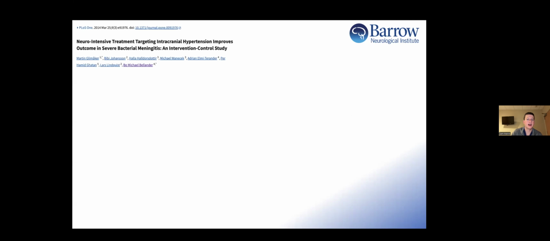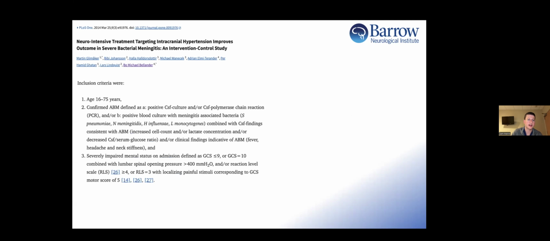This is an interventional case control study presented in 2014 that had patients that were largely in their late teenage years through their adult years, found to have positive CSF for acute bacterial meningitis with either severely impaired mental status with a GCS of less than 9, or that had elevated opening pressure on a lumbar puncture of greater than 40 centimeters of water.